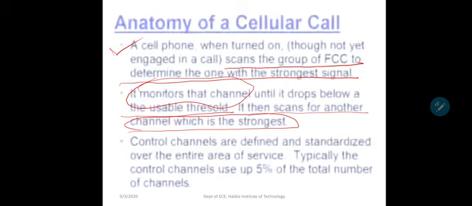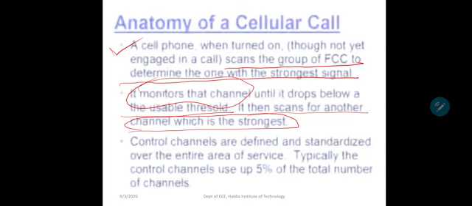Control channels are defined and standardized over the entire area of service. That means you cannot keep on changing randomly and arbitrarily the value of the control channels and the voice channels. They are standardized, and since they do not carry any voice, they are also known as the overhead channels. That means they consume the bandwidth but do not transmit information.